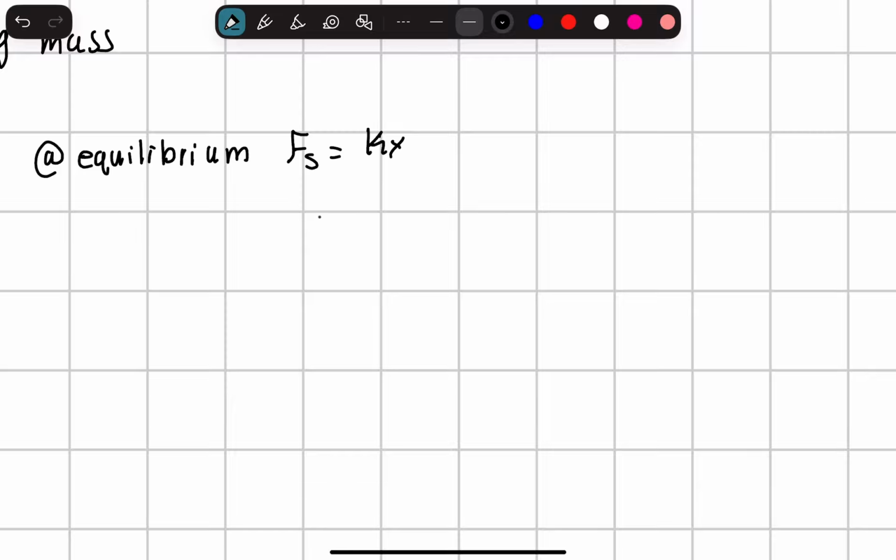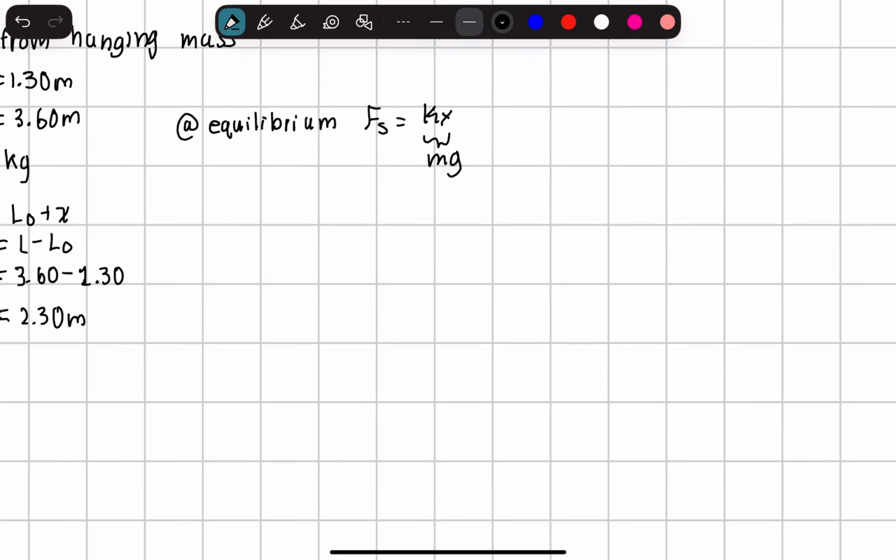And also you know that at equilibrium, K of X is going to equal mg, because that's when it's at equilibrium. So then if we solve for K, we get K is equal to mg over X.